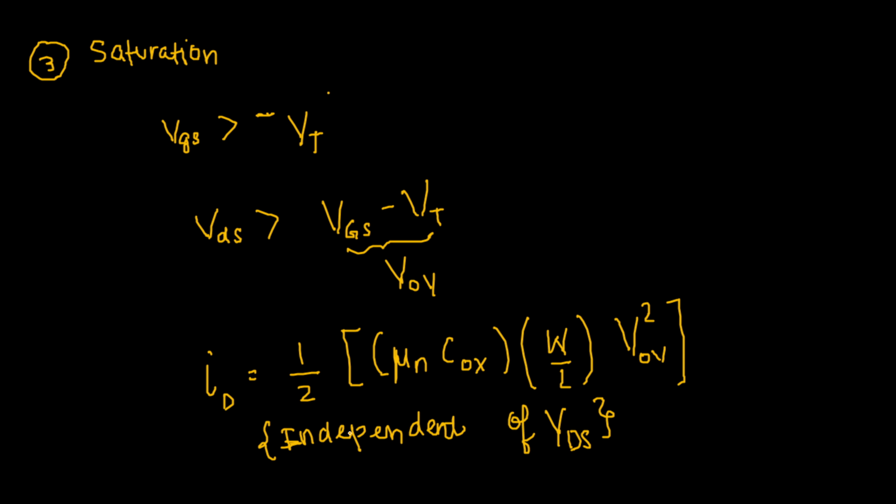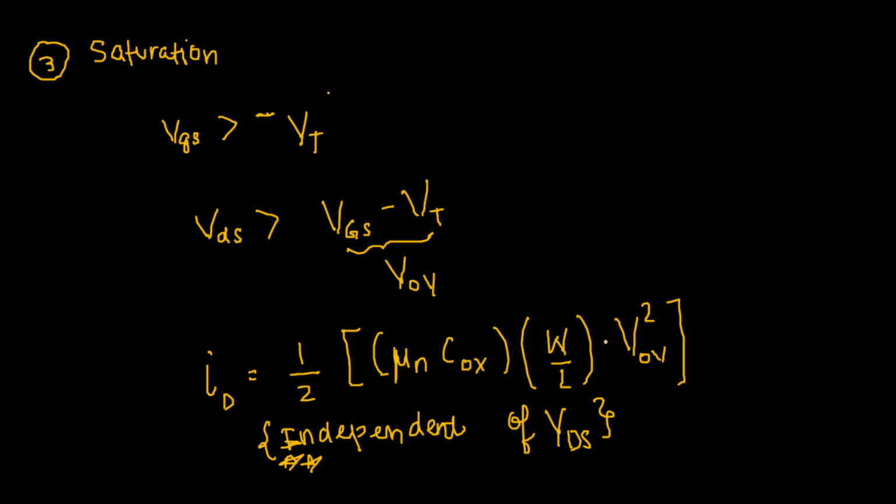In the saturation region, the important factor is that the drain current is independent of drain source voltage. It is given by half into mu n Cox into W by L into VOV square, right?